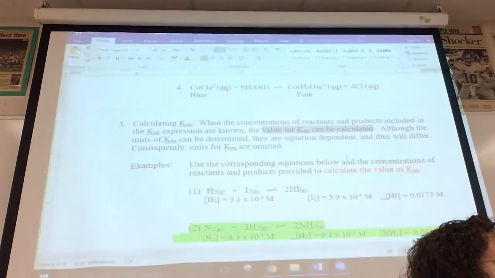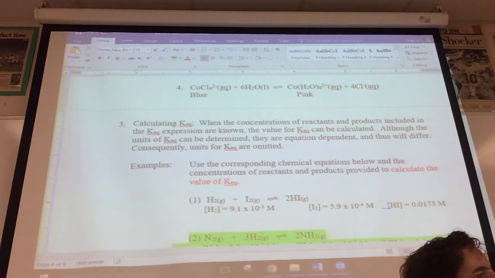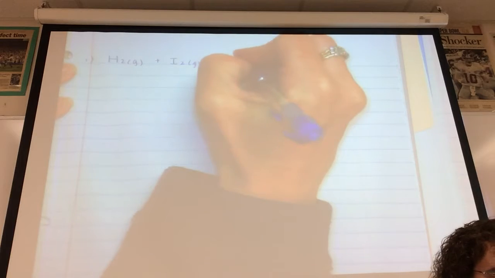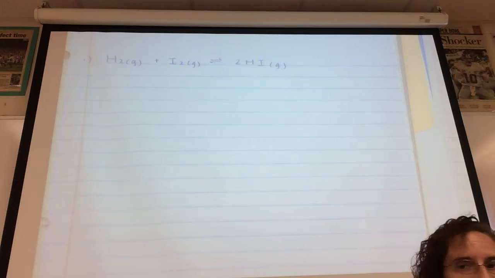I'll just rewrite this since you're so prepared. It says use the corresponding chemical equations and concentrations of reactants and products to calculate the value of KEQ. All right, so the first one given is hydrogen gas plus iodine vapor in a reversible reaction to generate hydrogen iodide gas.